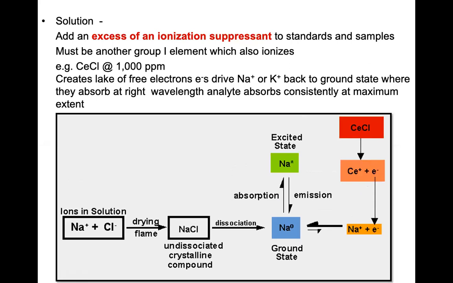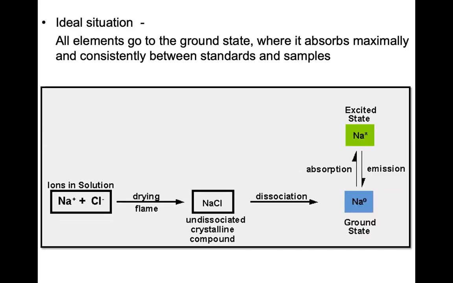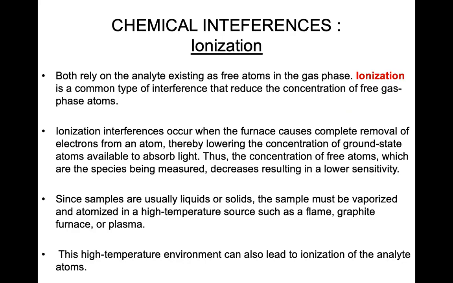So what we can do for this is add what we call an ionization suppressant. This is an example of an ionization suppressant. It will suppress the production of ions, and the process from the ground state to the excited state will be the main process that happens.